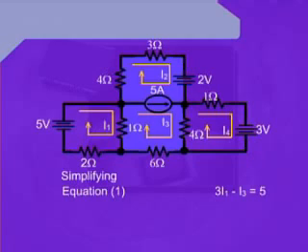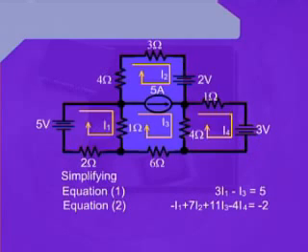For the super mesh, if we simplify it, we can write minus I1 plus 7I2 plus 11I3 minus 4I4 equals minus 2. For the third equation, we can simplify it and write minus 4I3 plus 6I4 equals 3.